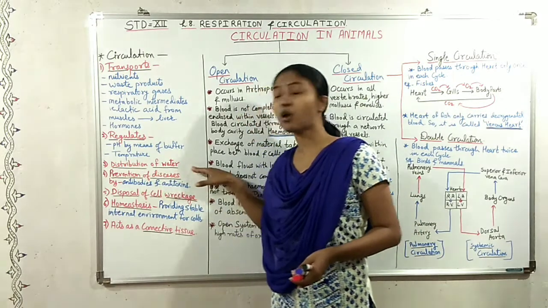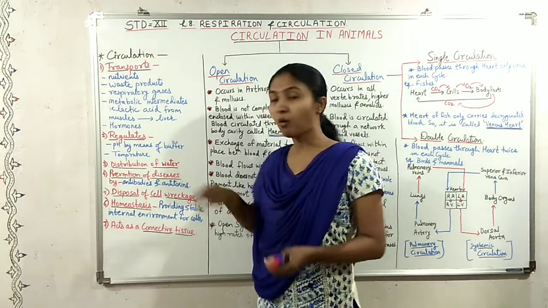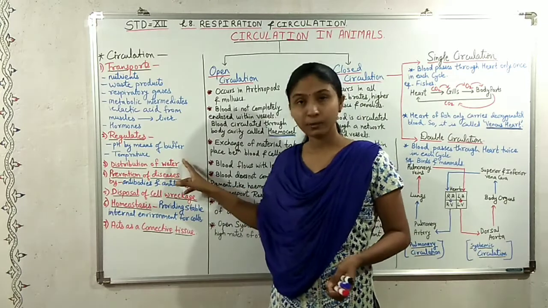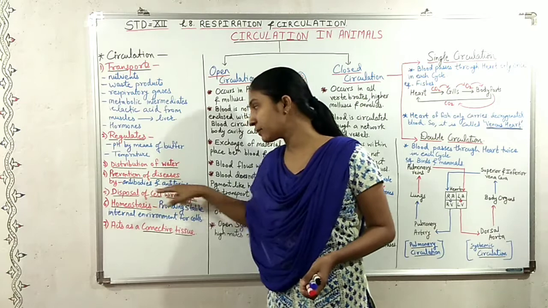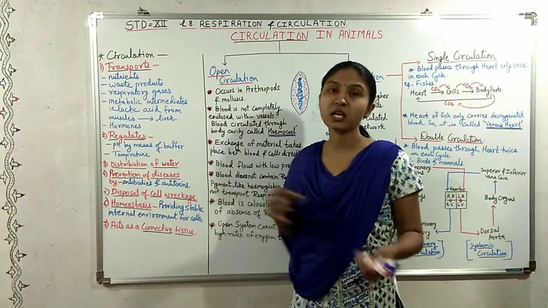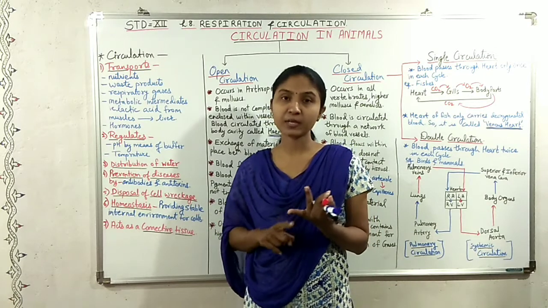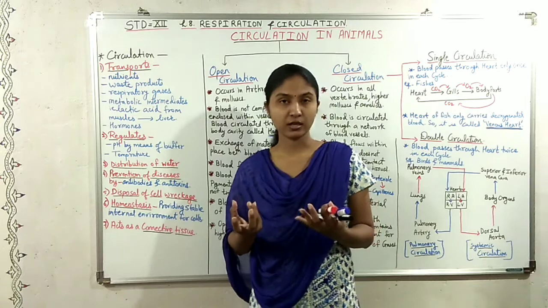Then distribution of water. The circulation helps in distribution of water. Water is distributed to all the parts of the body by the blood. Prevention of diseases by producing antibodies and antitoxins. Now we know the blood contains different components, that is RBCs, WBCs, platelets, blood plasma, isn't it?